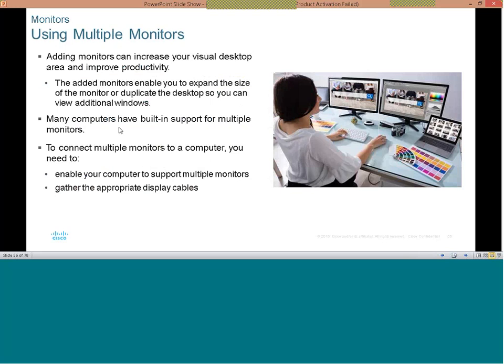Many computers have built-in support for multiple monitors, such that you can connect one computer to many monitors and still have access to content. To connect multiple monitors to your computer, you need to enable your computer to support multiple monitors and gather the appropriate display cables so that you can connect from one CPU to multiple monitors. So this is the computer configuration.